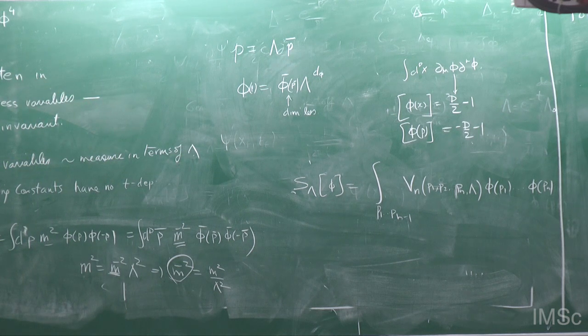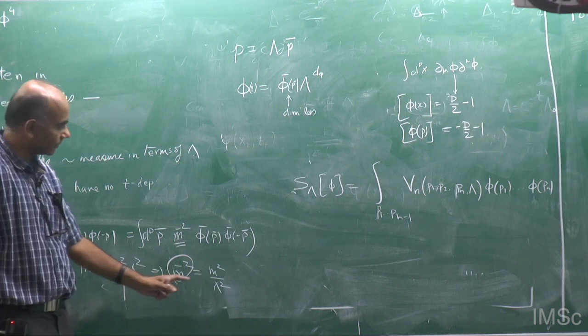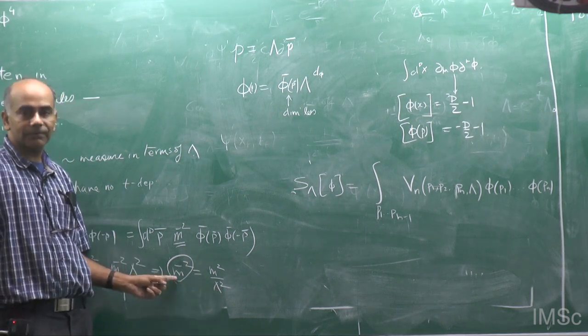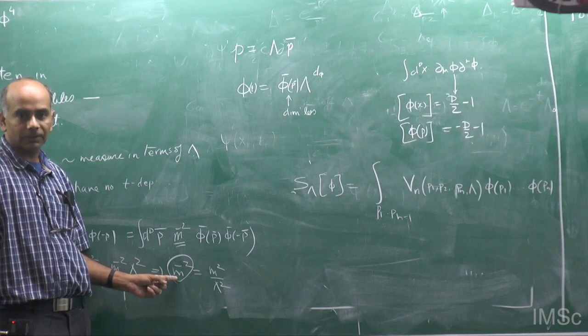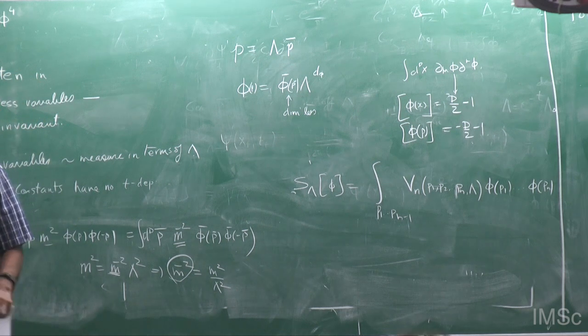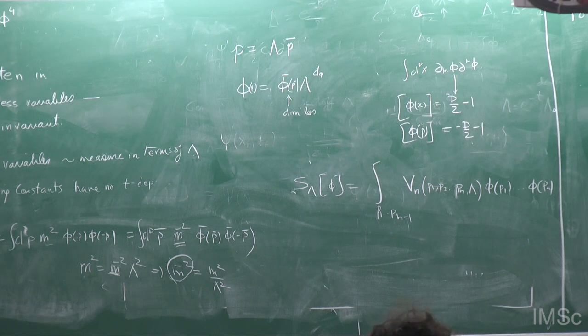No, normally in a massive theory, your m bar squared will be m squared by lambda squared. So as lambda changes, this m bar will change. It's not going to be fixed. It's going to keep increasing, right? So that's a statement that it's a dimension 2 object. Unlike, say, your lambda phi 4, which if you didn't worry about interactions, lambda would remain lambda as you go down.